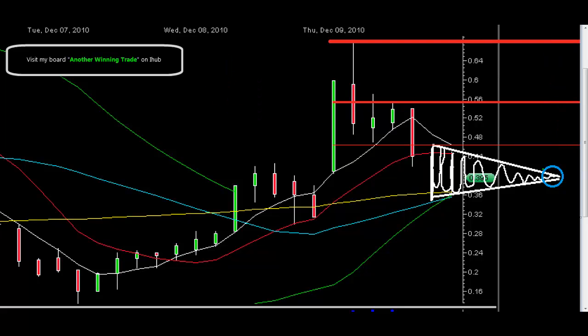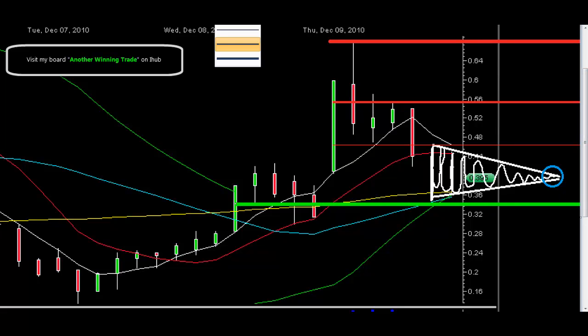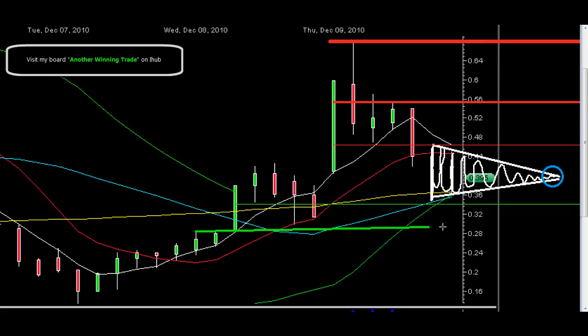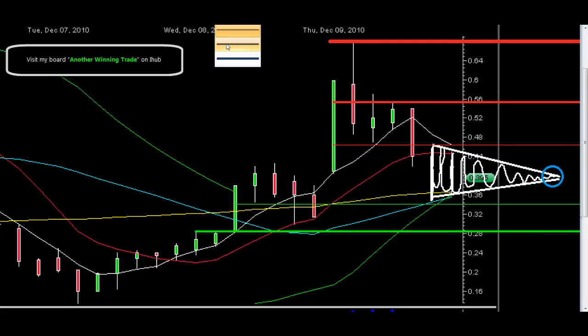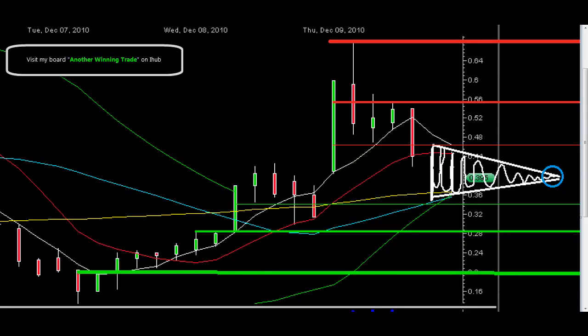As far as if we do see bearish action, if the price action were to break below support through this shell, as far as support levels go, what we can see here is the first level of support is going to come right here. I'm just going to make this a thinner line. The second level of support is going to come from this level right here, and then finally the must hold, in my opinion, is going to be right here.